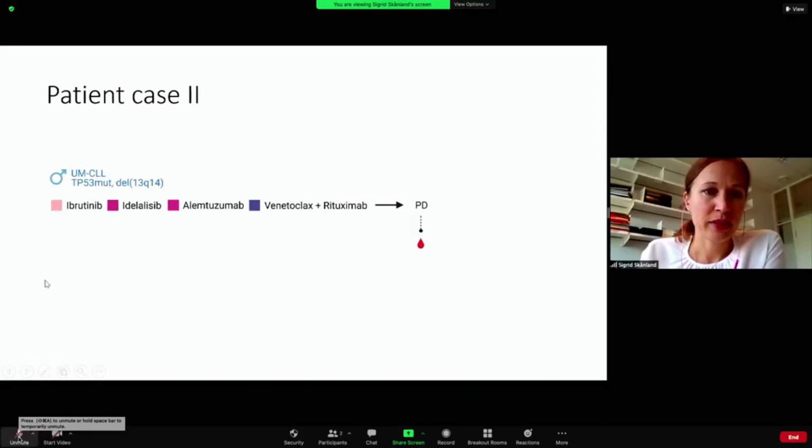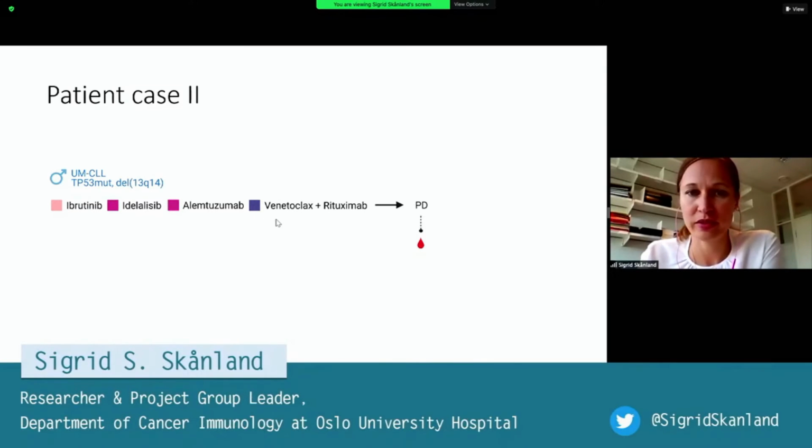Then we had a second patient, and he also presented with the same poor prognostic markers, unmutated IGVH and a TP53 mutation. And again, he has been treated with all the targeted therapies. The last one was venetoclax, where he responded very well for several years. But as always happens, he also had a progression.